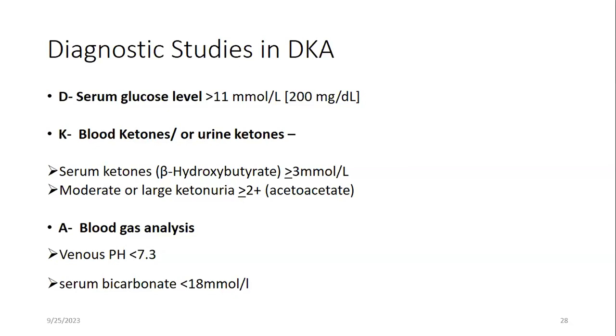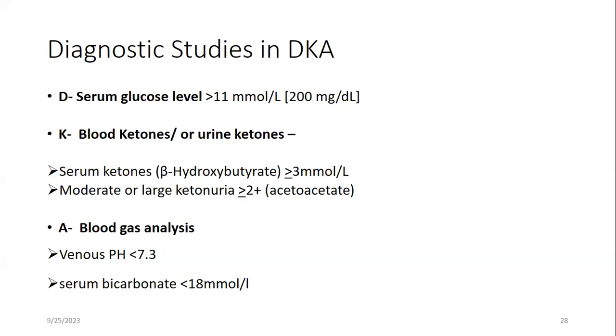The second criterion that is required is K, for ketosis. Always remember you have to check the patient's blood ketones or urine ketones. For the blood ketones, we are looking at the serum ketones, the beta hydroxybutyrate, which I think Phoebe explained. If it is more than or equal to 3 millimoles per liter, then there is DKA.